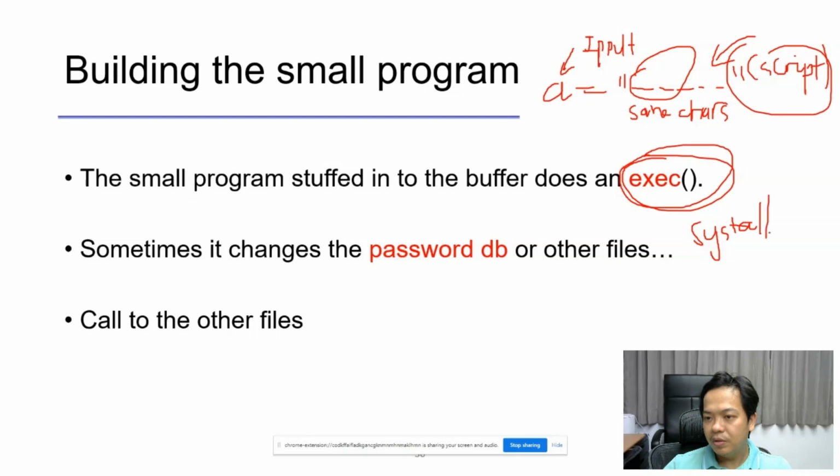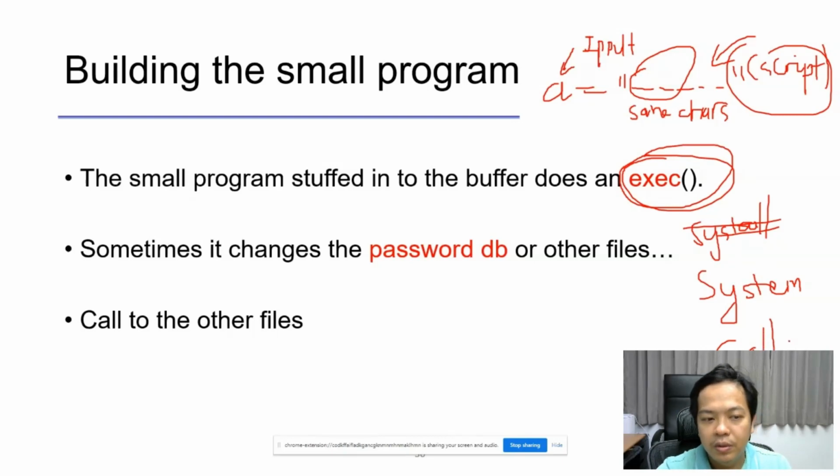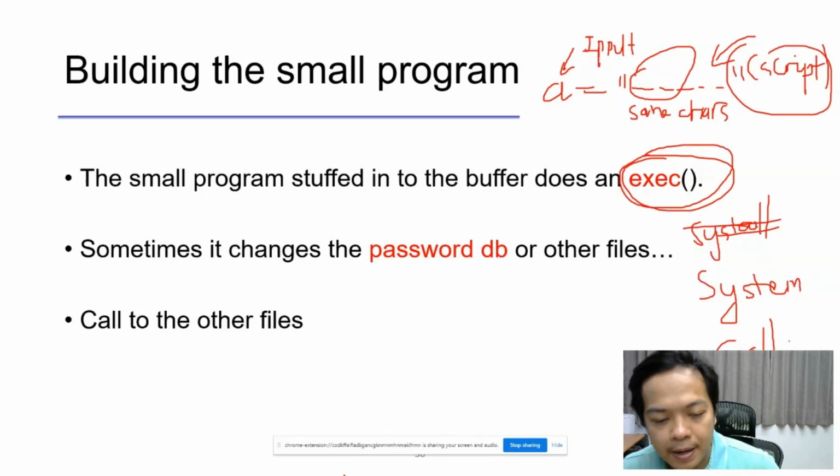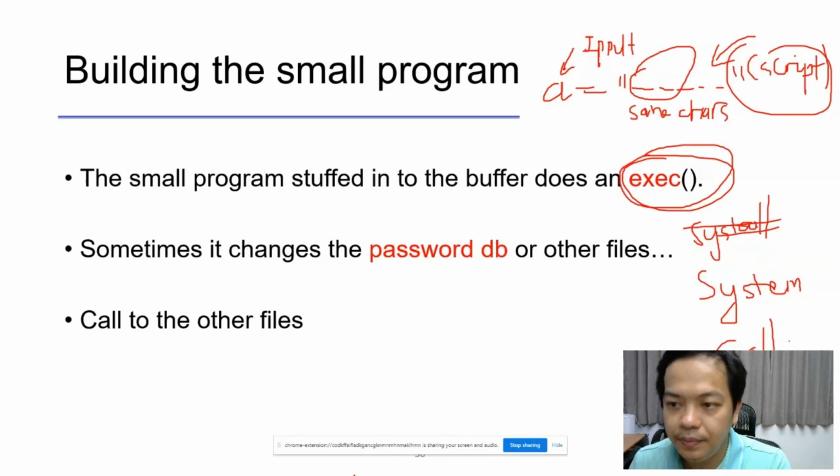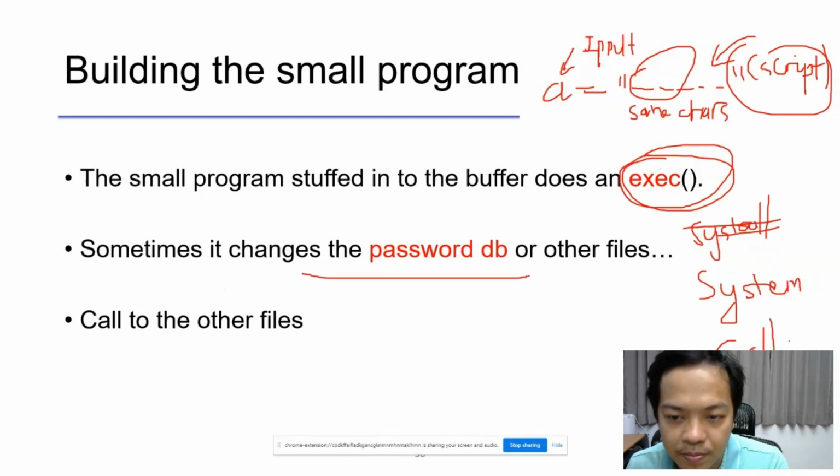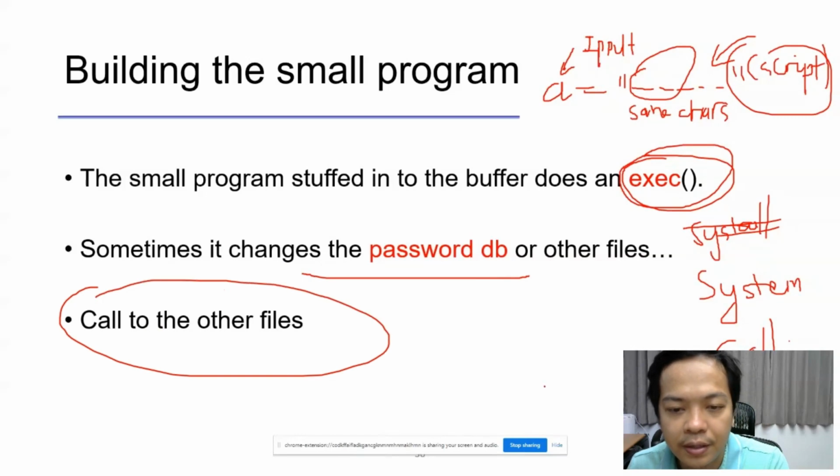system call. Yes, a system call. After this is passed to the program, if the string has this function, it is going to run a system call, and with a system call you can change a password or call other files.